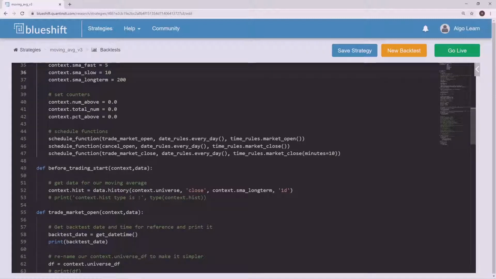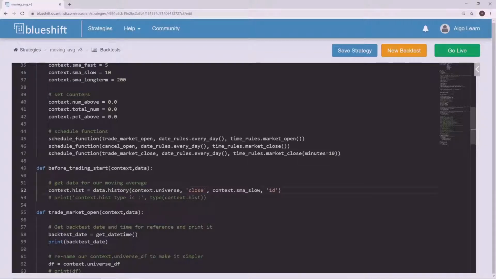Since we're only going to be working with the 2 moving averages, the fast and the slow, we really don't need to pull 200 days worth of data. We really only need to pull our 10 days of data. Okay, and so this is how we'll do that, and we'll pull our 10 days of data.